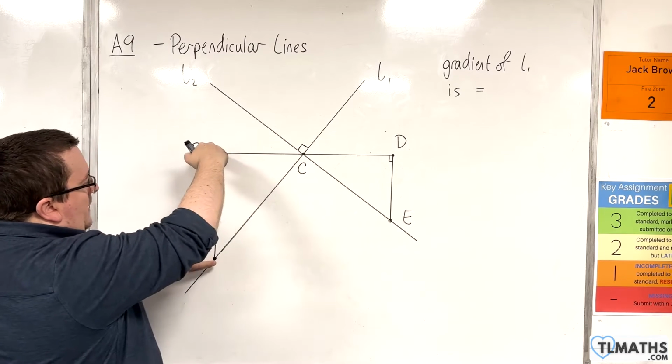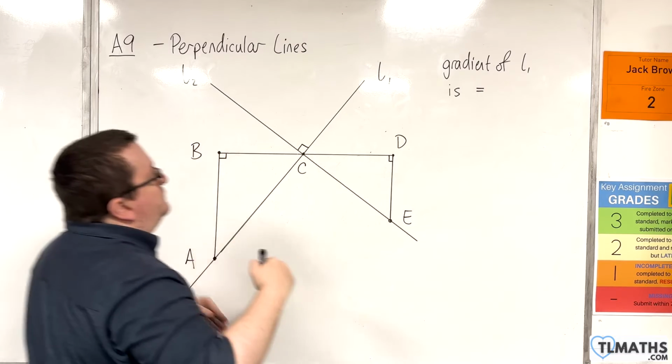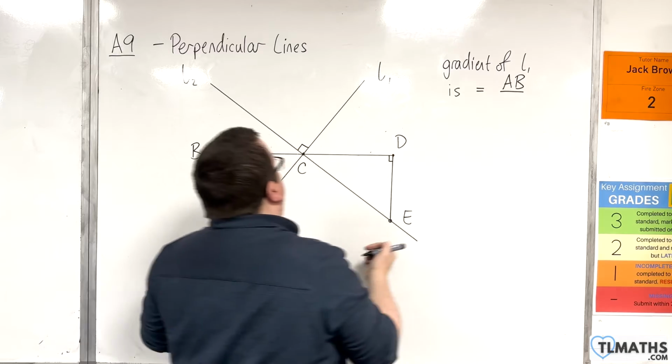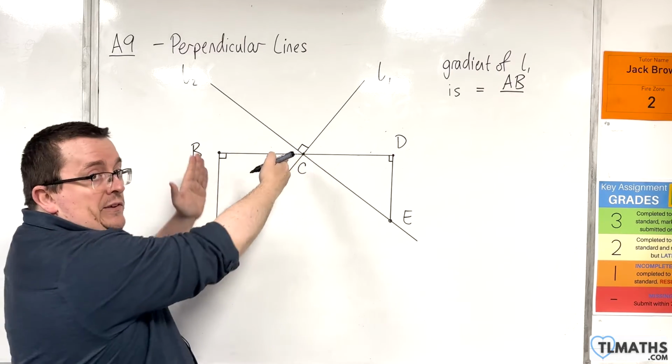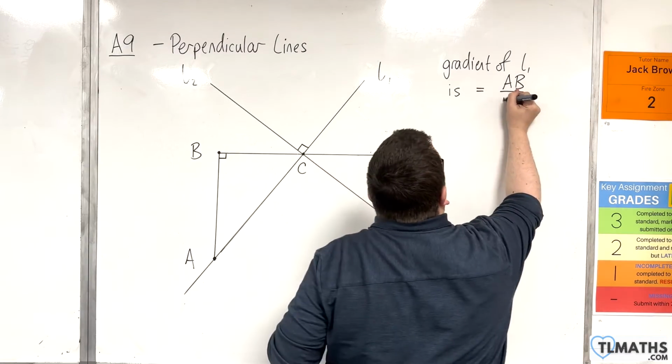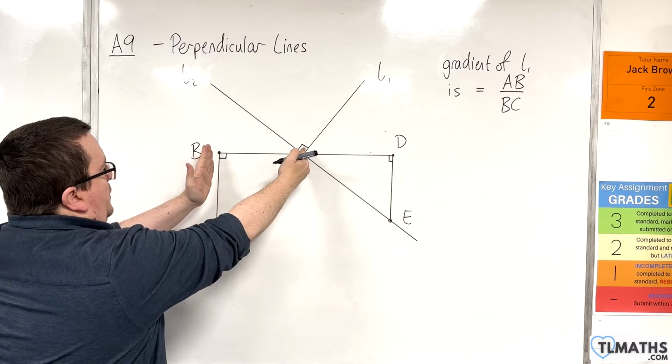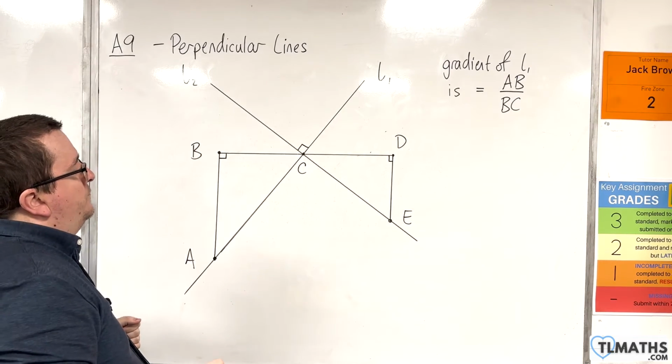So actually that is the length AB, divided by the length BC. Okay, so the vertical difference divided by the horizontal difference.